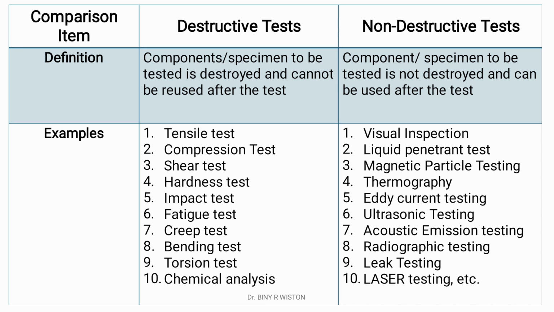Examples of destructive testing include tensile test, compression test, shear test, hardness test, impact test, fatigue test, creep test, bending test, torsion test, and chemical analysis. Whereas NDT methods include visual inspection, liquid penetrant testing, magnetic particle testing, thermography, eddy current testing, ultrasonic testing, acoustic emission testing, radiographic testing, leak testing, and laser testing, etc.